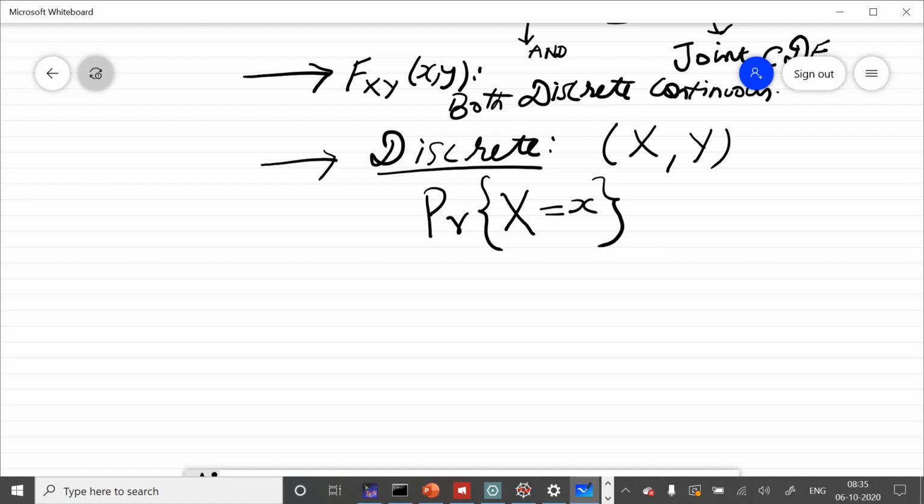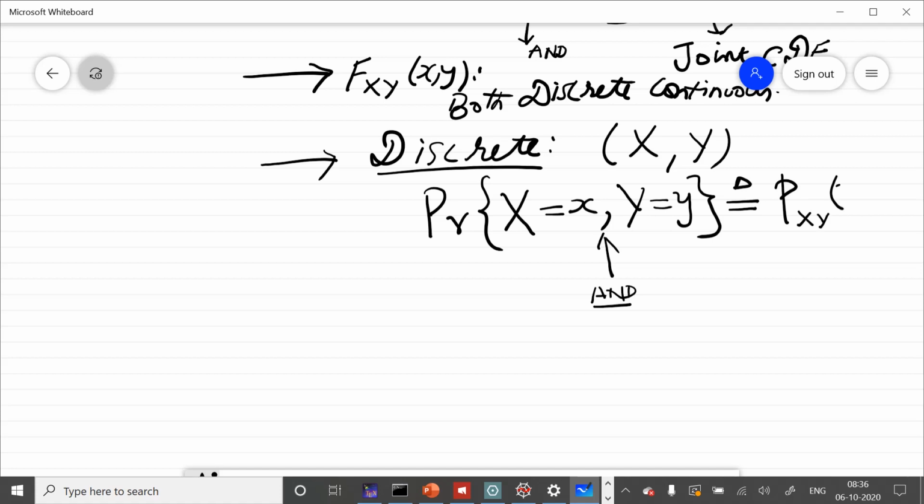Now here, in the case of joint random variables, you can ask simultaneously X is equal to small x and Y is equal to small y. I again emphasize that whenever we use a comma in probabilities, it has the meaning of "and". So this can be denoted as P_XY(x, y), and it will be called the joint probability mass function. Of course, it is valid only for discrete.